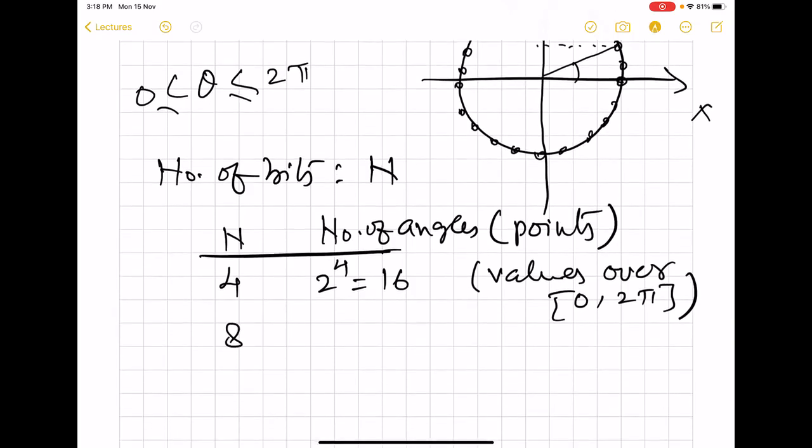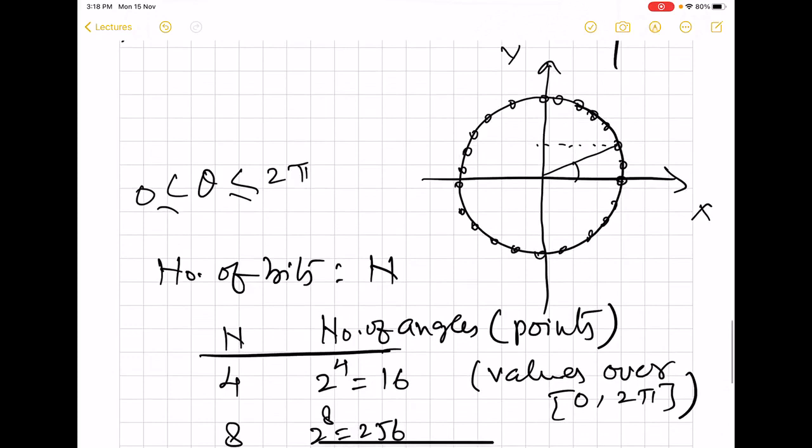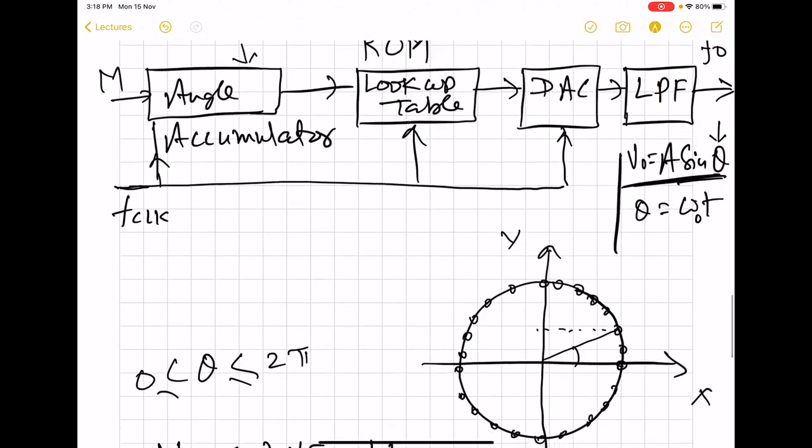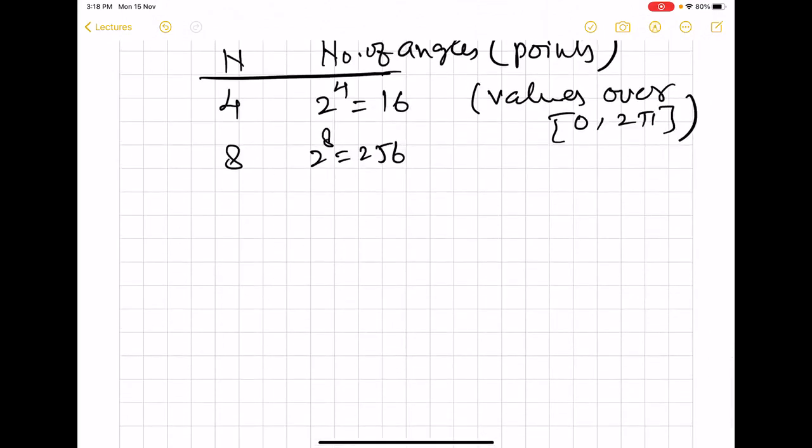So if we take 8 number of bits to store the angle information, then of course we will be able to store 2 raised power 8 is equal to 256 number of angles. So you can see that now there will be more number of angles. That means you will have more number of these sine values, more number of samples. So on and so forth.